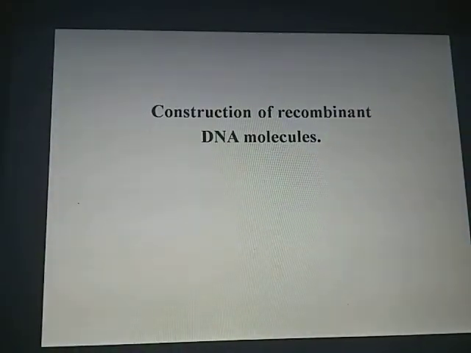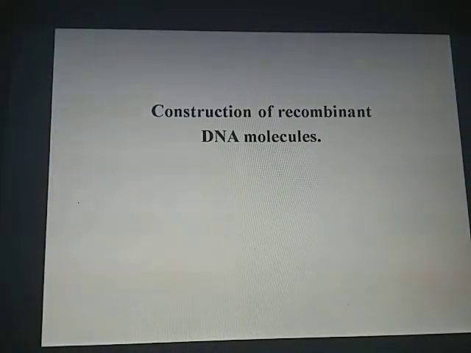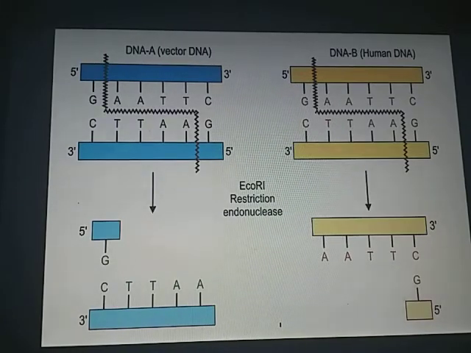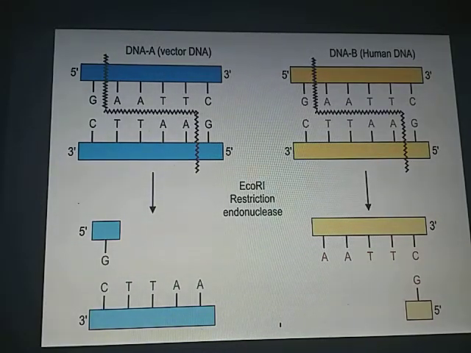Then construction of recombinant DNA molecules. Here you can see the action of the restriction endonuclease E. coli, which produces sticky ends. In both the bacterial vector DNA and the human DNA, the same enzyme E. coli acts and produces identifiable sticky ends.